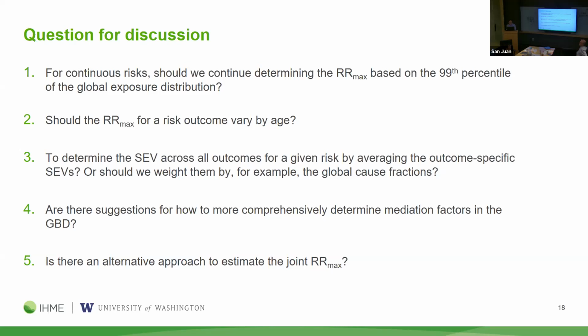Obviously you're losing information, right? So the SEV is some function of mean, measure of dispersion, and shape of the distribution. So you've got three things that get reduced to one thing, and so we have to make some assumptions about the missing, so how to go back from the one to the three.